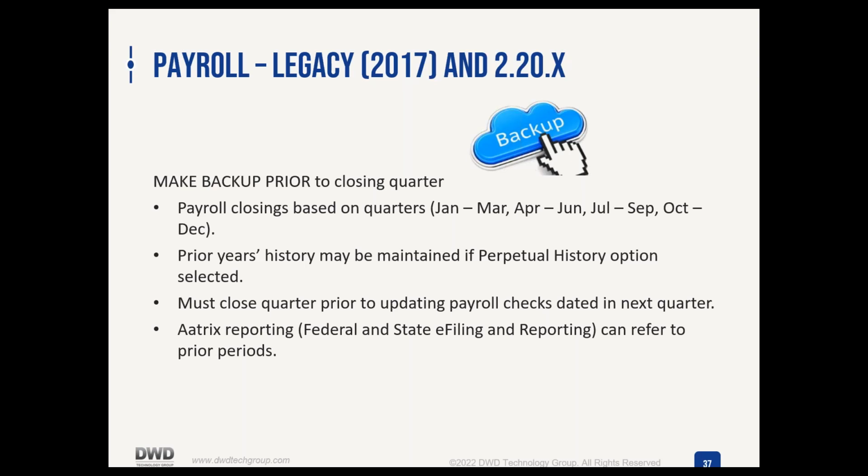So if we're within the first few weeks of a new quarter, you can still access those older forms. But once you've done the ATRIX update, I can't go back and process a 2020 Form 941 or a 2020 W-2. So keep that in mind.